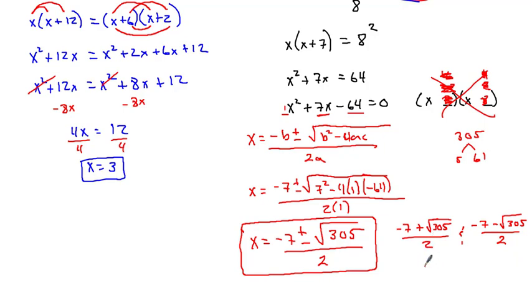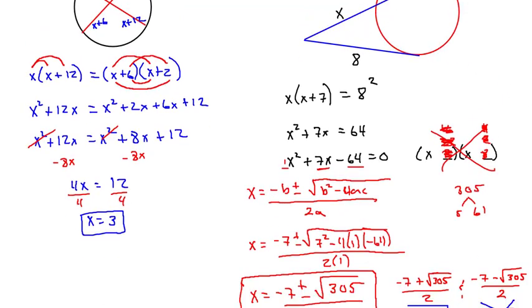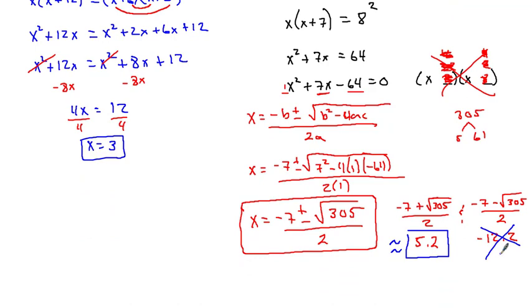And we'll find out that this one equals 5.2 and this one equals negative 12.2. Well, out of those two answers, the 5.2 is a legitimate approximation. The negative 12.2 has to be discarded because we remember we're finding out how long something is. And that segment can't be negative 12.2 long.